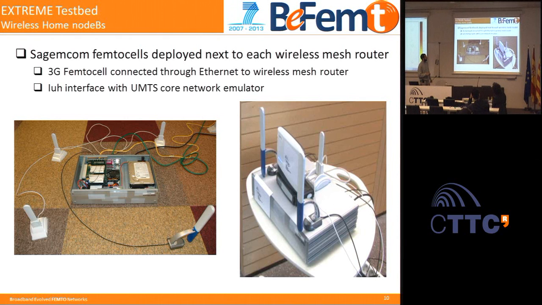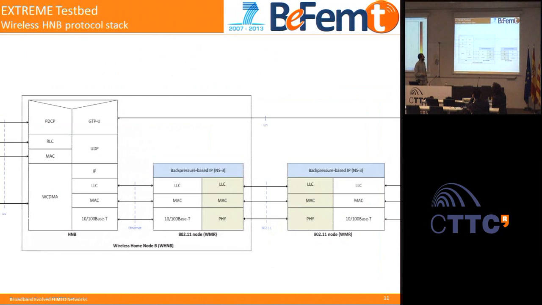And this small form factor PC, in the setups that you will see, we just have a single Wi-Fi interface, but they are prepared to have more than one interface. In fact, in other EU projects, previous EU projects, we played with multi-radio nodes. And in the end, that's what we have.